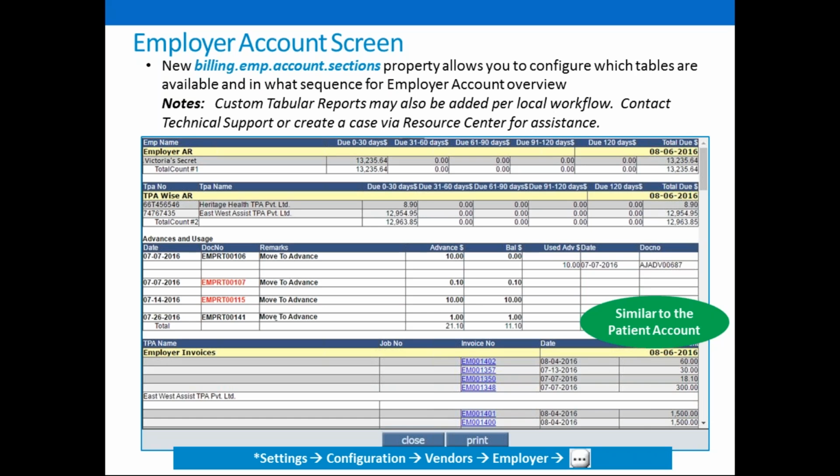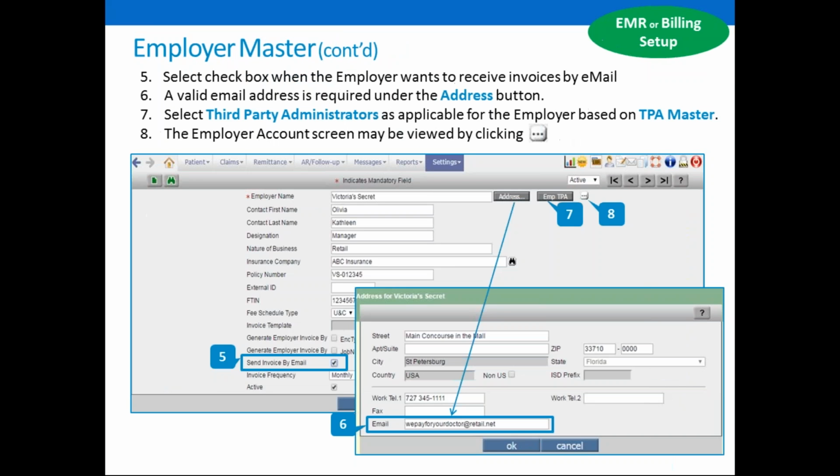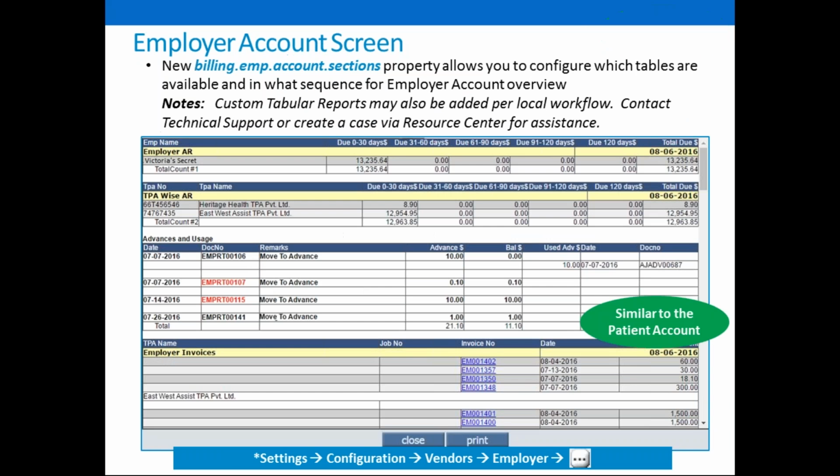Now the account screen is very similar in functionality as your patient account screen, but it's at the employer level. So when you go into the employer master and you execute that ellipsis icon to click open the account screen, it's going to visually appear very similar to your patient account screen, but it's specific to the employer.